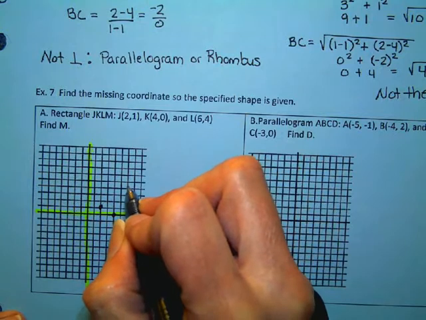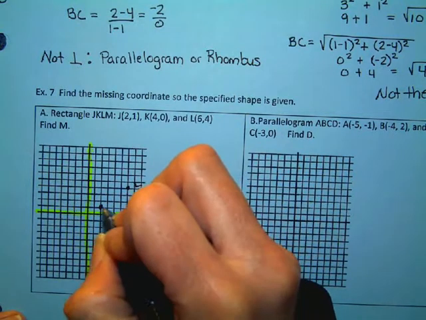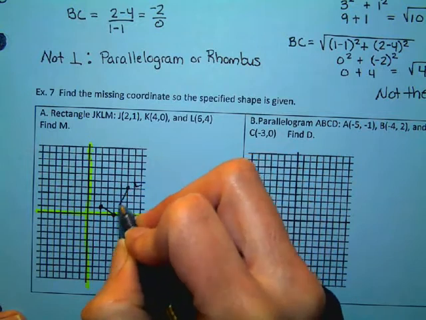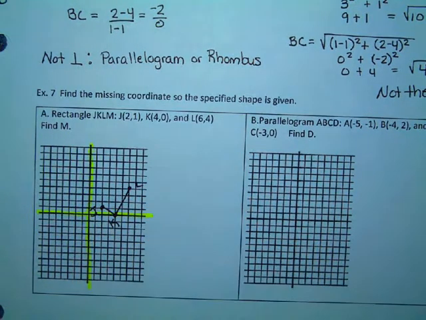And this is our rectangle. And we have to estimate where we think this point's going to be to finish the rectangle. So I know it's in this general area up here. So it has to relate to slopes. So let's see.